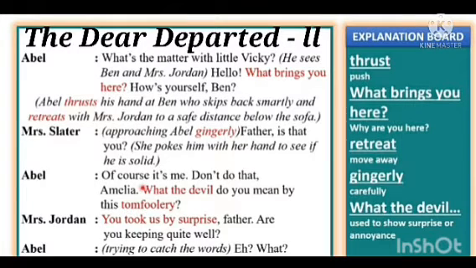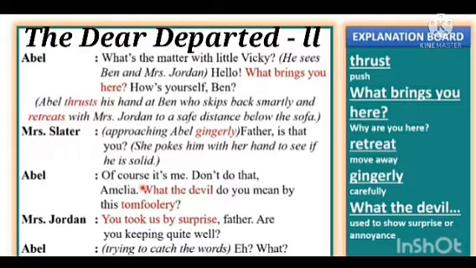He sees Ben and Mrs. Jordan. Hello, what brings you here? How is yourself, Ben? Abel thrusts his hand at Ben, who skips back smartly and retreats with Mrs. Jordan to a safe distance below the sofa.